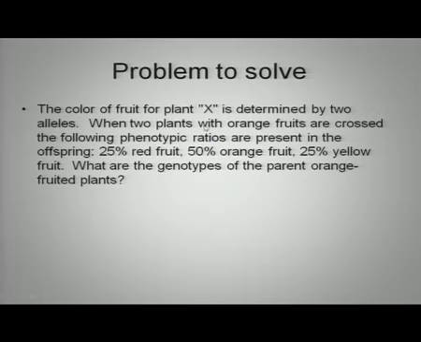Now, here is a problem for you people to solve. The color of a fruit for a plant X is determined by two alleles. When two plants with orange fruits are crossed, the following phenotypic ratios are present in the offspring: 25% red fruit, 50% orange fruit, and 25% yellow fruit.